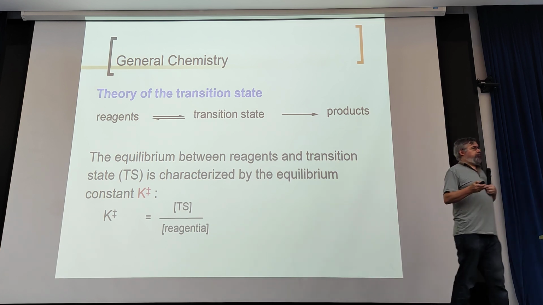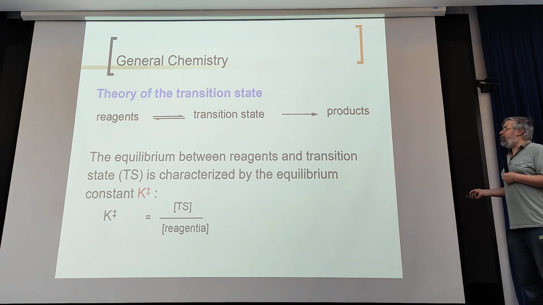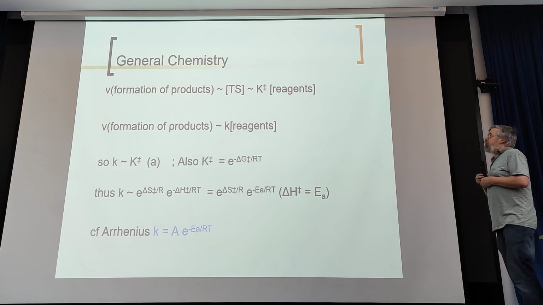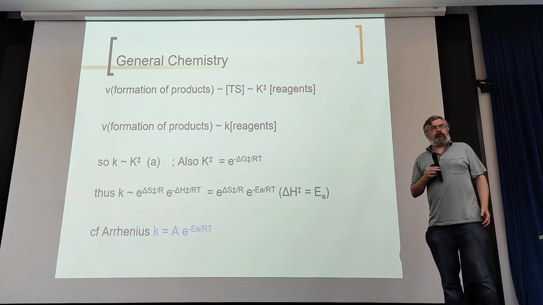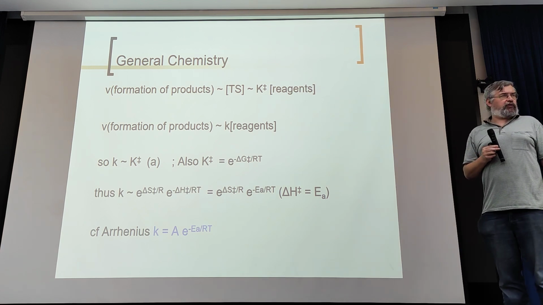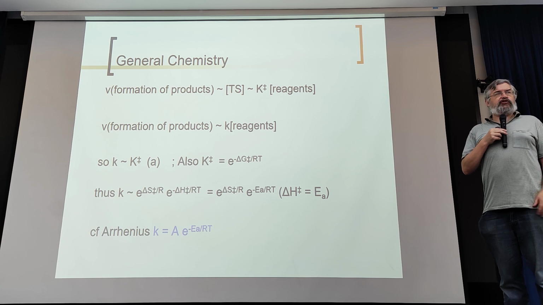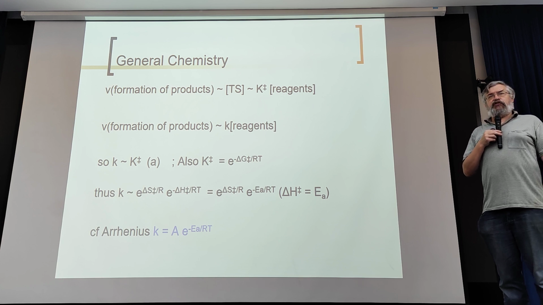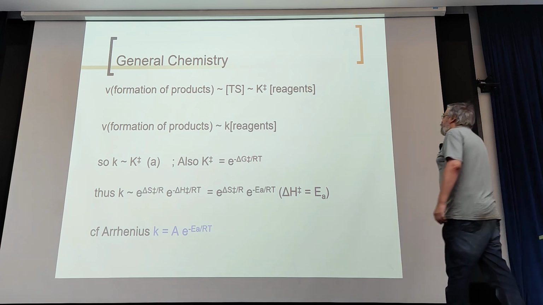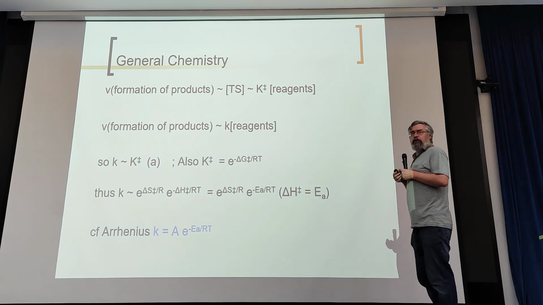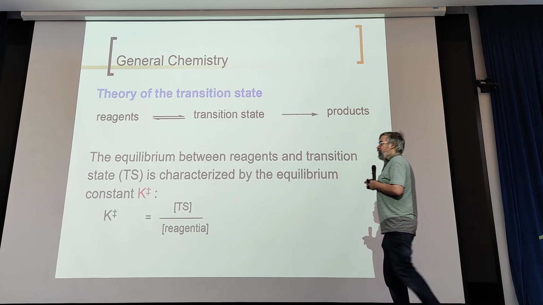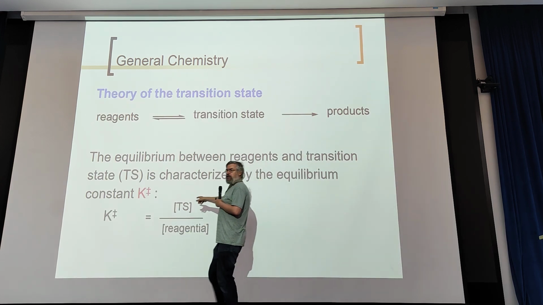All of these formulas we will explain later on in the next chapter, but we can show that the rate of the reaction will be proportional to the concentration of the transition state. If the transition state is easy to reach, the reaction goes faster. And this is, of course, proportional to the equilibrium constant, because we just saw that. It's directly proportional.